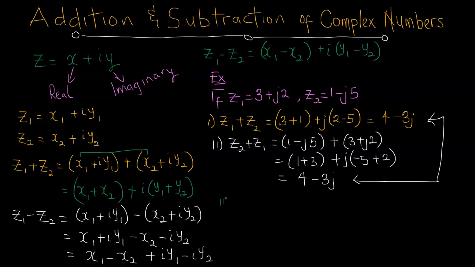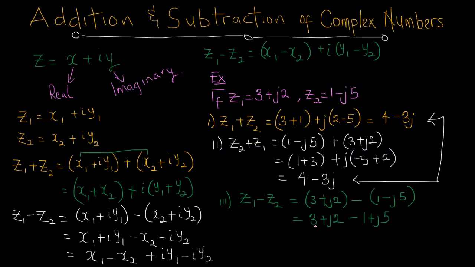Okay, how about this? z1 minus z2. Here, z1 is 3 plus j2 minus z2, which is 1 minus j5. I can just remove the bracket here. This is 3 plus j2. Then this is going to be negative 1, and minus times minus j5 is going to be positive j5.